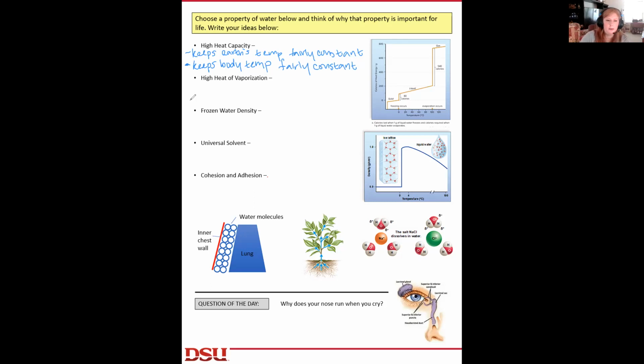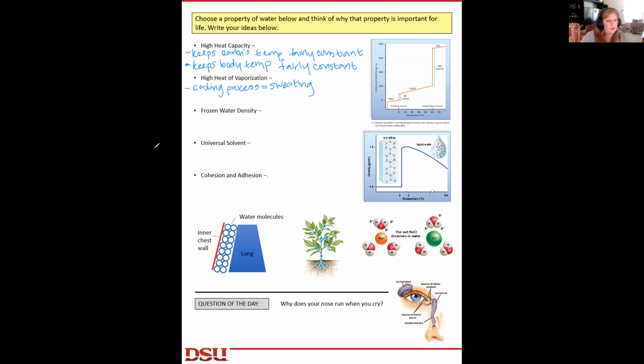All right, high heat of evaporation. This is important in sweating. This evaporative process is a cooling process. Helps again to keep our body temperatures constant. Okay.